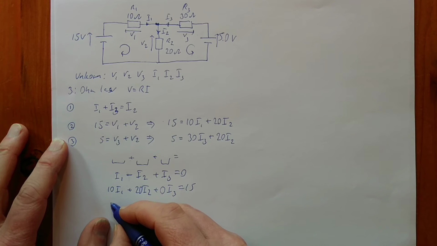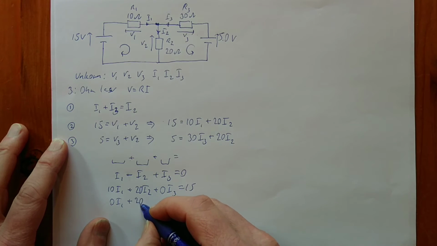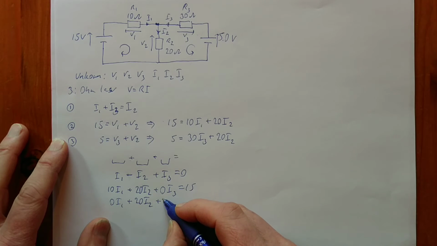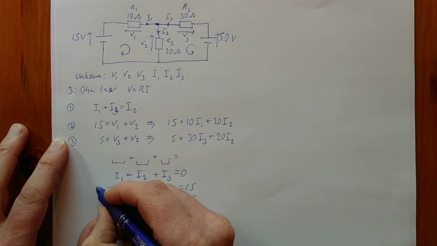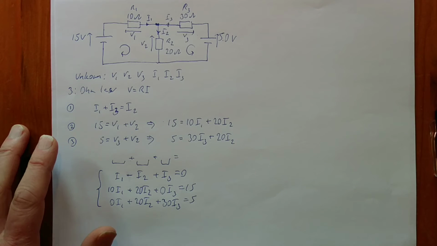And the third one being 0I1 plus 20I2 plus 30I3 equals 5. And that is our three equations.